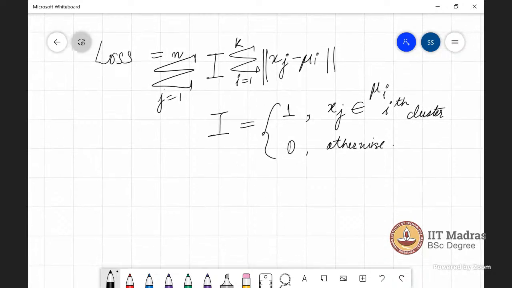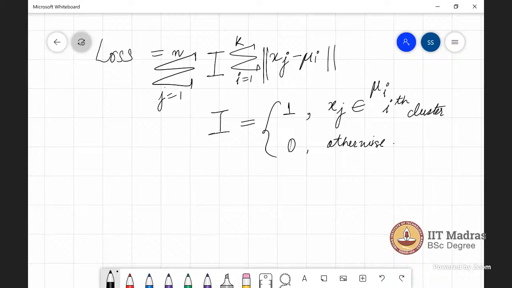Even though the loss function is written like this, we are not going to differentiate it or find a gradient of it. For the k-means algorithm, we are going to find the best value of k in a slightly different manner than we did for other algorithms.